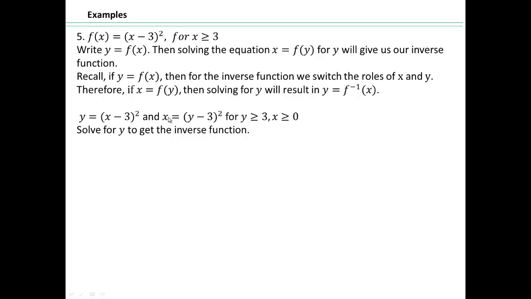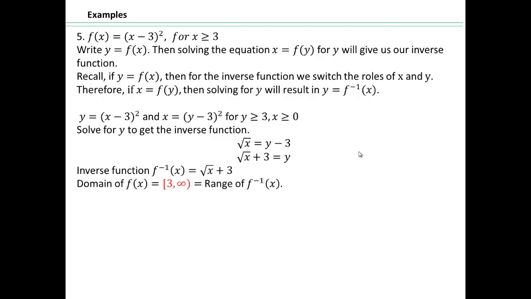Yes, and it will be the positive square root, because I know that since y is bigger than or equal to 3, 0 is the smallest it can be, or anything higher. So I know square root x makes sense. So square root x plus 3 would be my inverse function. So the domain here is 3 to infinity, and the range will be 0 to infinity. Why? Because that's my domain here, right?